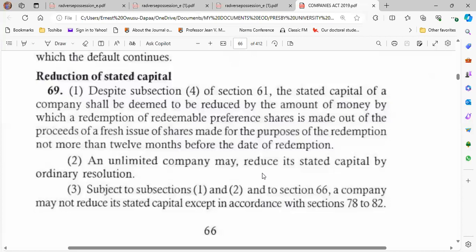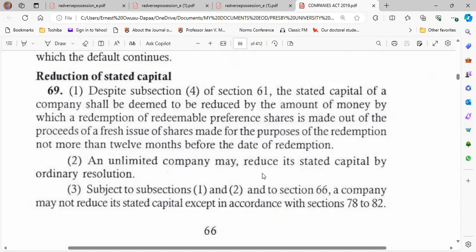An unlimited company may reduce its stated capital by ordinary resolution. At this stage, we know what an unlimited company is: a company where there is no cap or limit on the liability of members in terms of, maybe, the number of shares that they have.